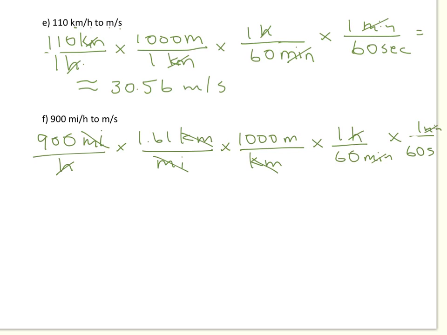So that has divided out, and we're left with seconds now. We have meters in our numerator and seconds in our denominator, so we're on the right track. So now we multiply our numerators, 900 times 1.61 times 1,000, and we'll divide by 60 twice, and we'll end up with 402.5 meters per second. That's a lot of meters in 1 second.